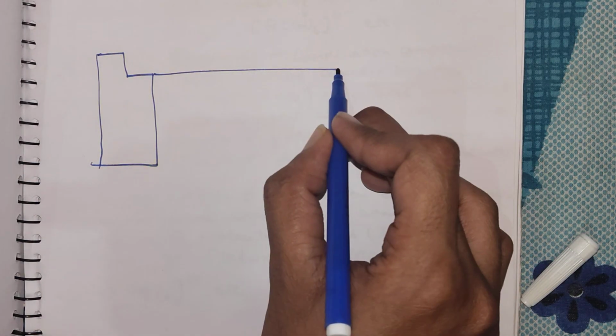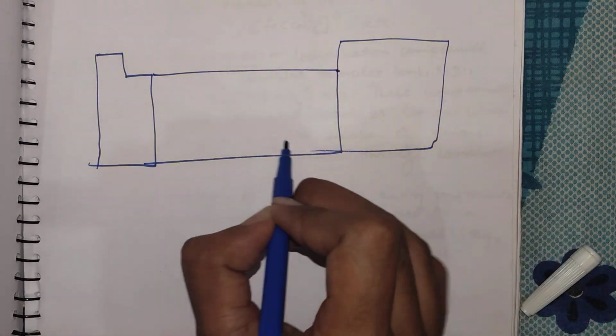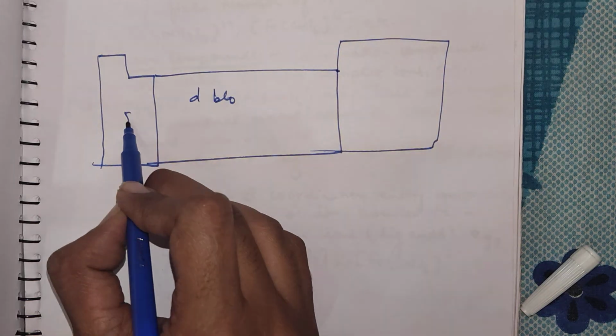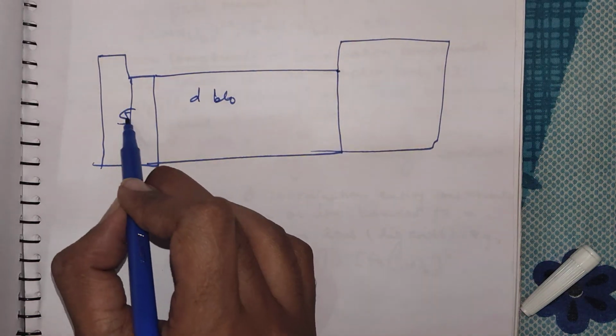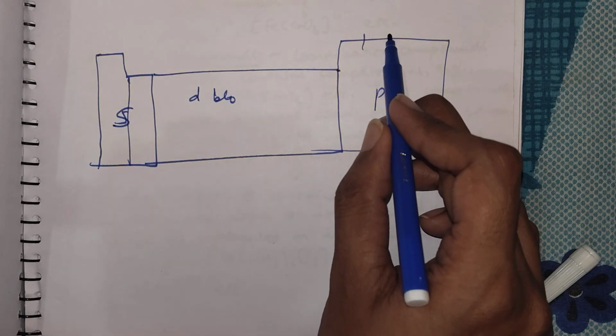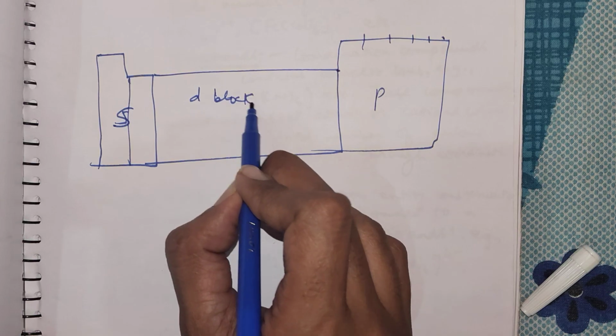So if we see the periodic table in such a way, these are called the d block elements. These are s, first group and second group. These are s, and these are p block elements, 13, 14, 15, 16, 17, 18, just like this. And these are called d block elements.